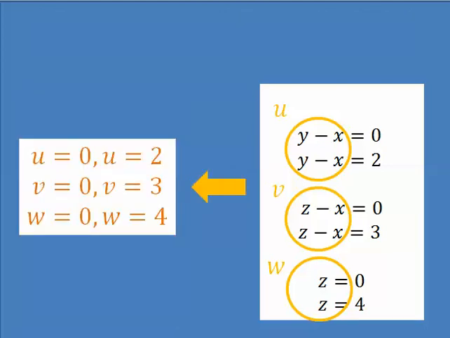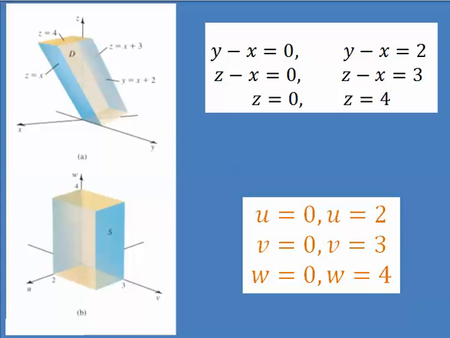And when I do that, wow, look how much simpler my bounds are. u is going to go from 0 to 2, v is going to go from 0 to 3, and w is going to go from 0 to 4. And my new region is going to be a rectangular solid.